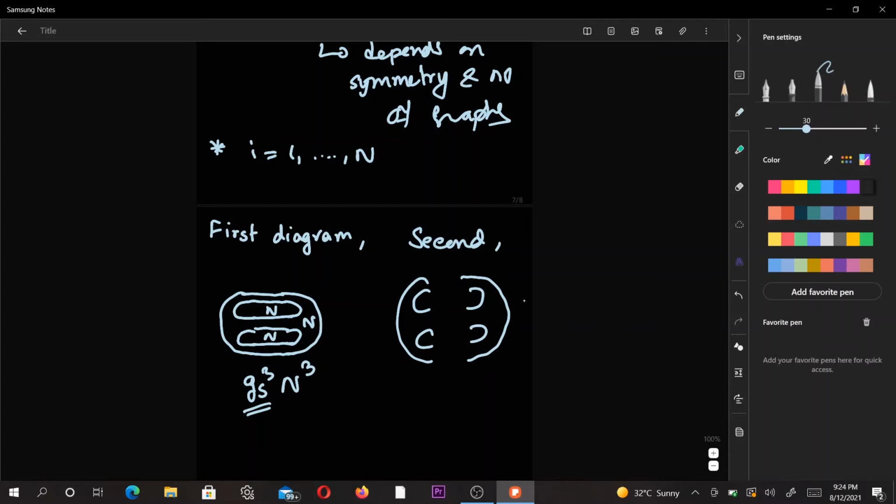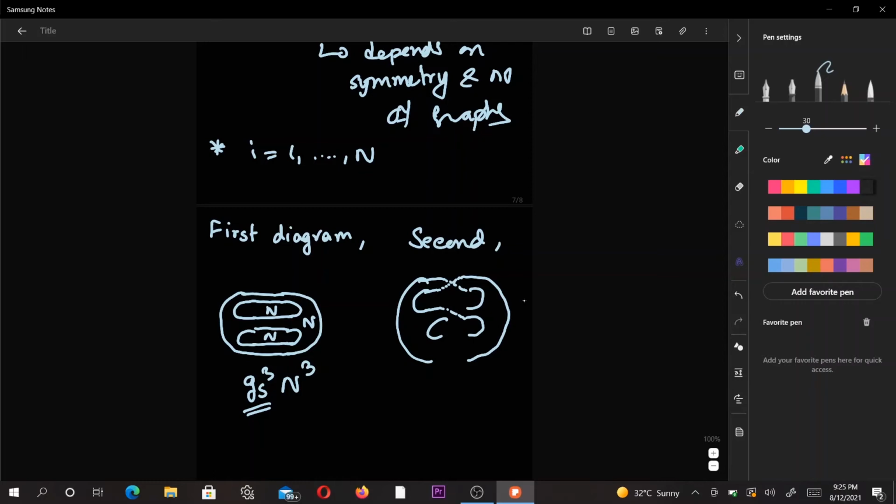There are much better ways to draw it, but I'm very bad at drawing these things. So yeah, these diagrams are like this. Just this contracts with this, this with this. Let me draw it closer.